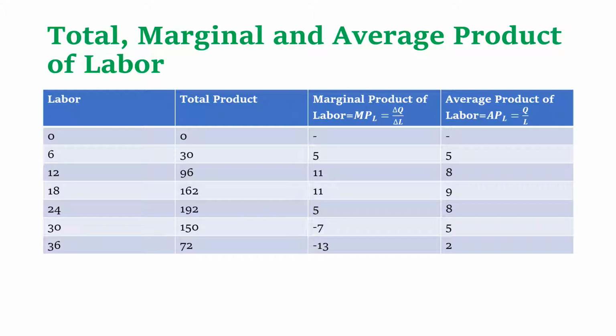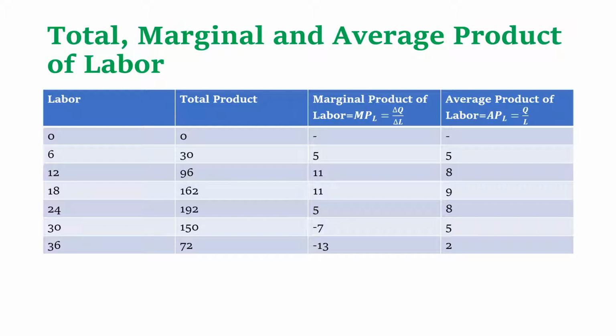The marginal product here is just the difference in total product over the difference in labor. So labor here is 6 minus 0, which is just 6, and output is 30 minus 0, which is 30. 30 over 6 gives us 5.